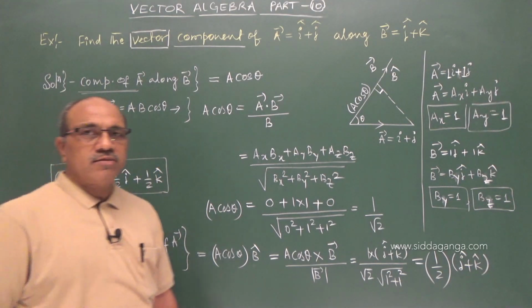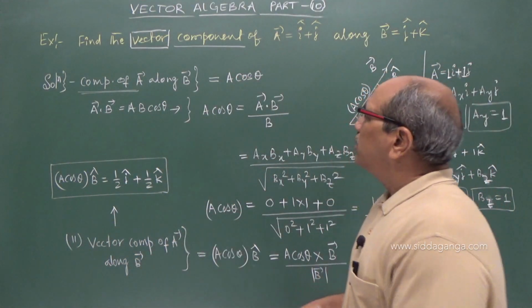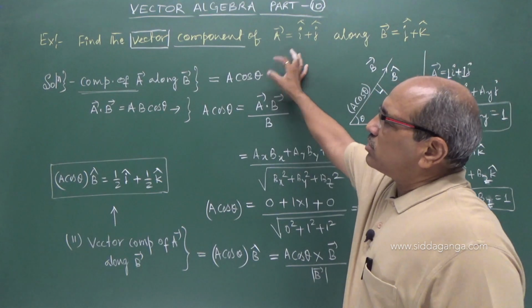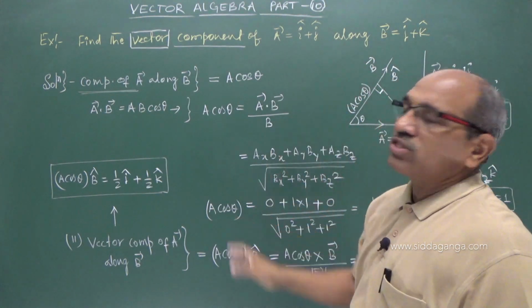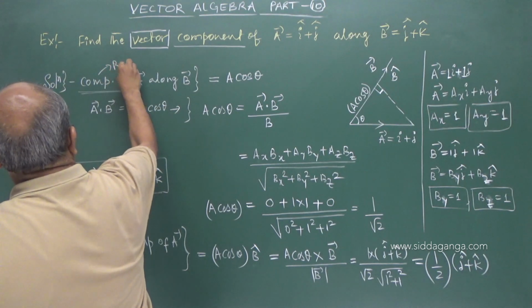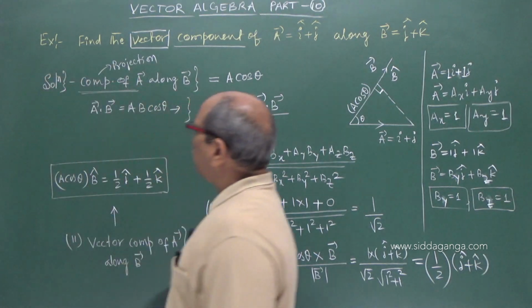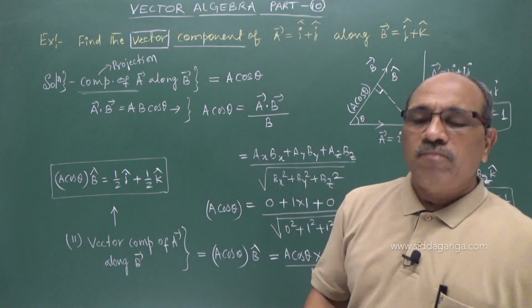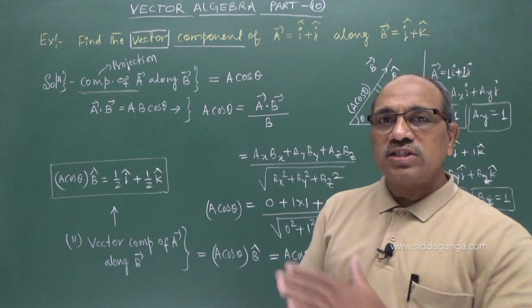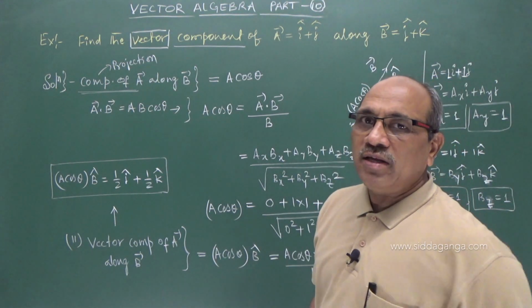Please concentrate very carefully. A cos theta is also sometimes called projection, the projection of A along B. How much of A is going along B? What is the magnitude of A along B?